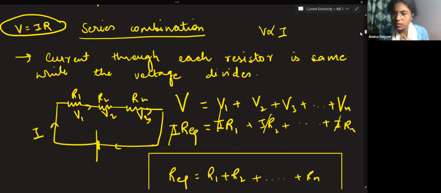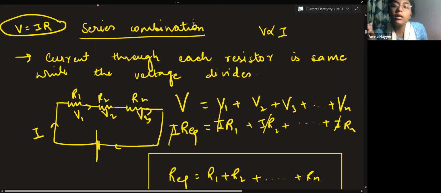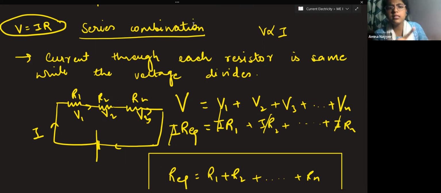Whenever there is a branching in the wire, current always divides. Whenever there is a branching in the wire, current keeps on dividing. Now, what is meant by branching? Branching means a wire has been divided into two parts or a new wire has been connected. For example, like this. This was a main wire that was coming.